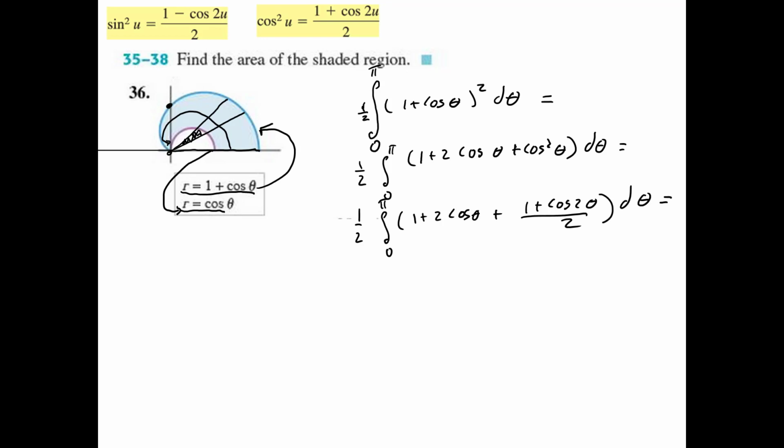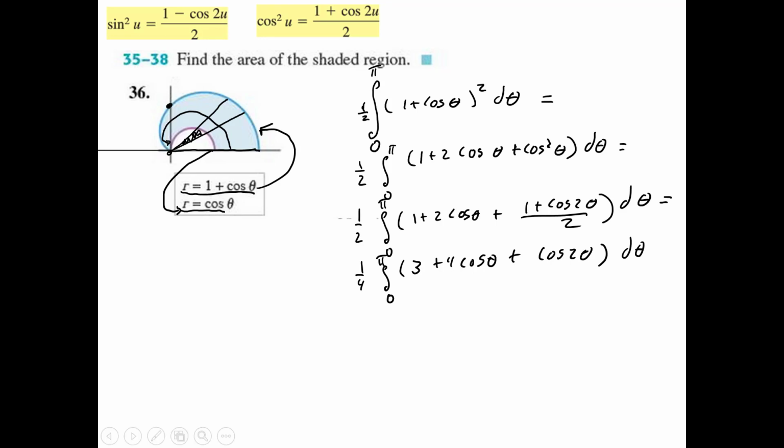You don't have to do this, but we can again factor out a 1/2. Keeps the fractions down to a minimum, and you will get 2 plus 4 cosine theta plus the 1 plus the cosine of 2 theta, but the 1 we'll put over here with the 2, make that 3, d theta.